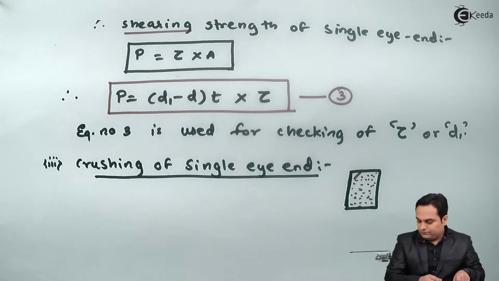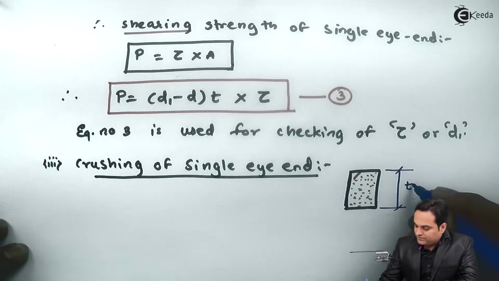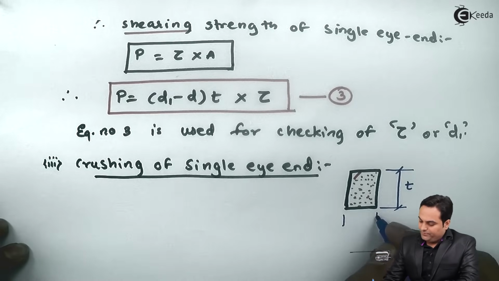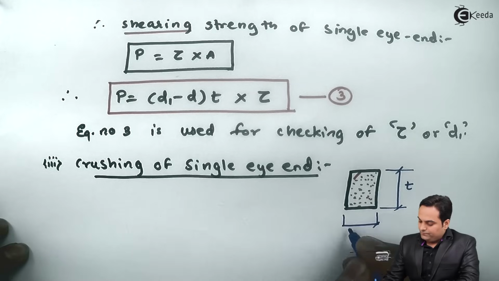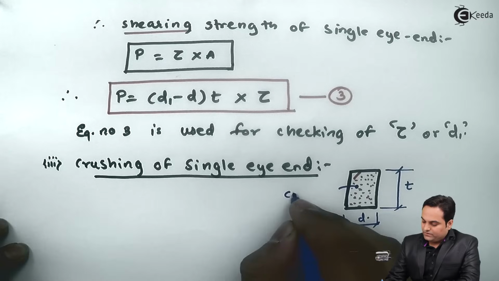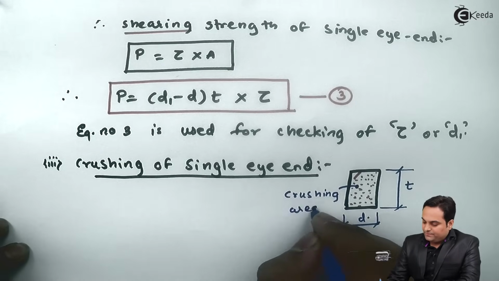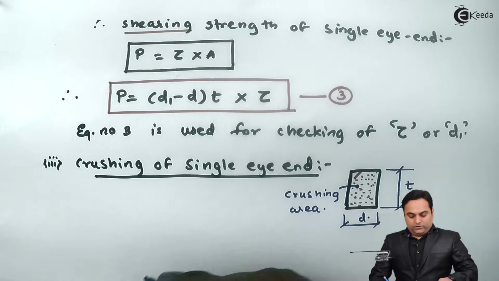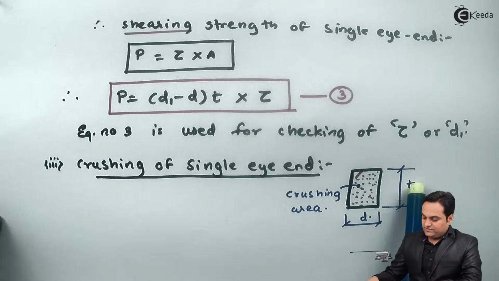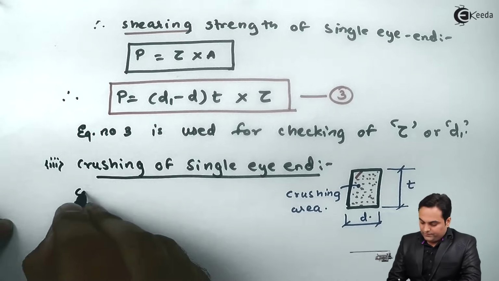Here T is the thickness of single eye end, and this is the diameter of knuckle pin, denoted by small d. So this is crushing area, also called as resisting area. Now I'll say that this crushing area is area of a rectangle.